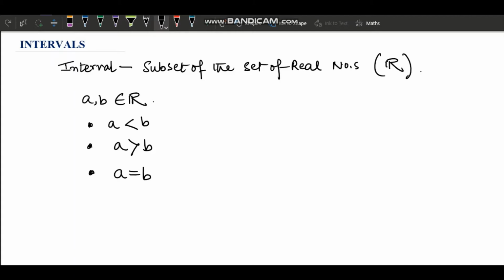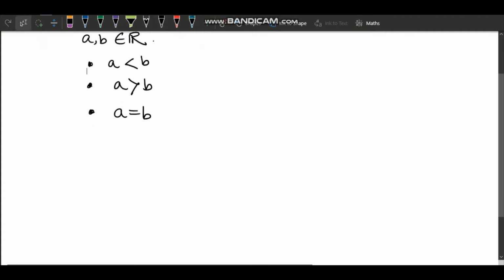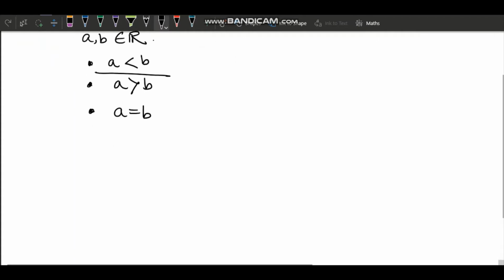So these are the three cases. For our convenience, let us take A less than B. Suppose A is 5 and B is 7. So obviously A is less than B.